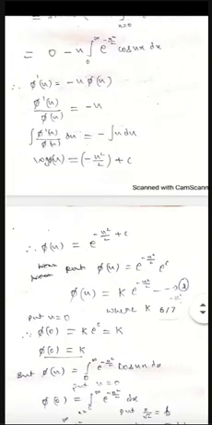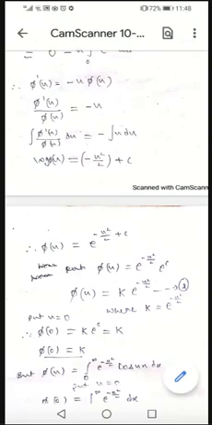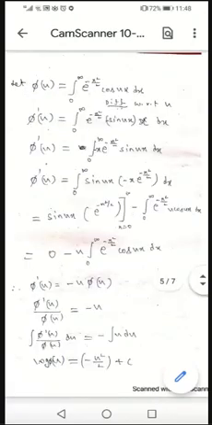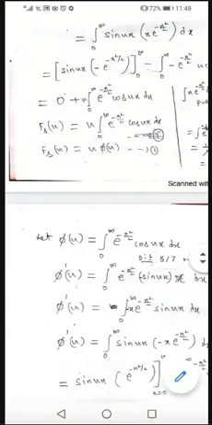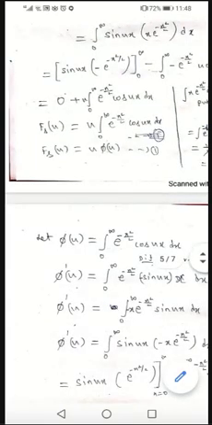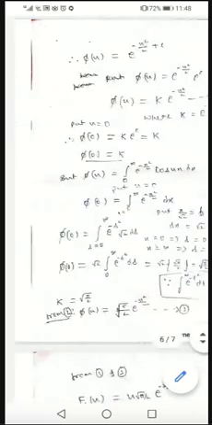Now from equation 1 and 3. In equation 1, Fs of u equal to u psi of u. We have the psi of u value, substitute here in equation 1. So Fs of u is u root pi by 2 e power minus u square by 2.